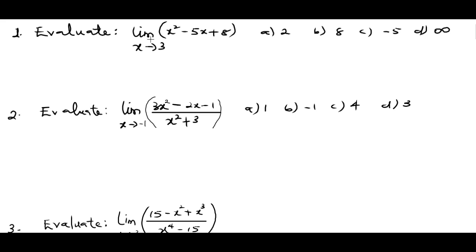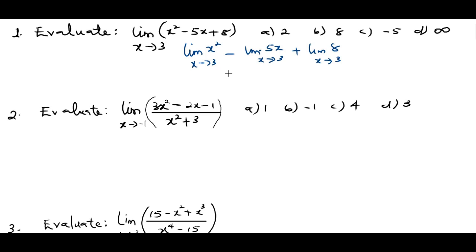Question 1. Evaluate the limit of x squared minus 5x plus 8 as x tends to 3. So this is the same as saying lim x squared, all right, as x tends to 3 minus lim 5x as x tends to 3, then plus lim 8 as x tends to 3. All right.